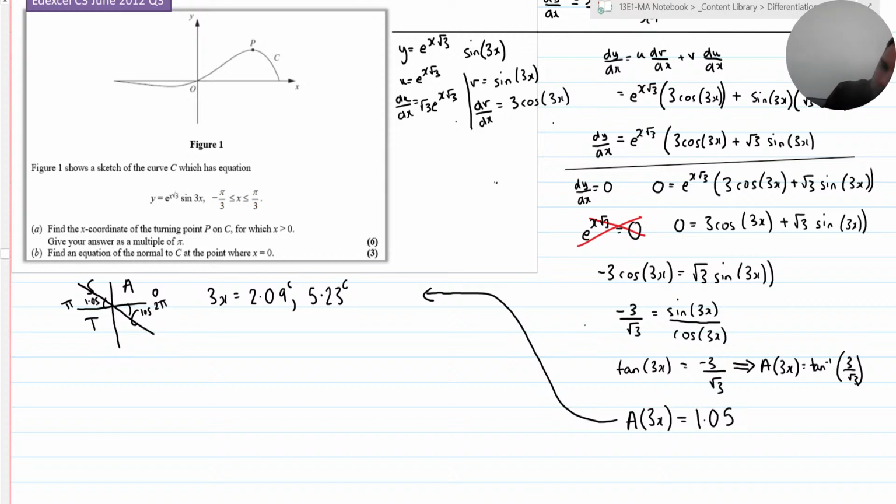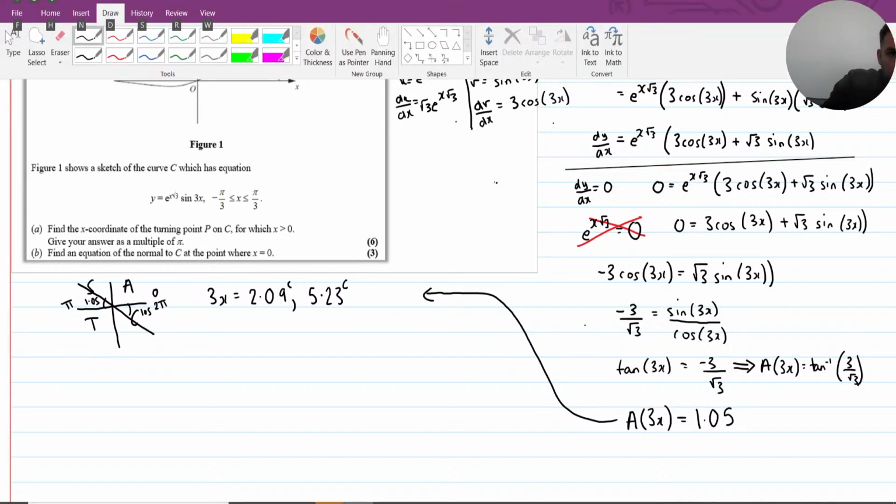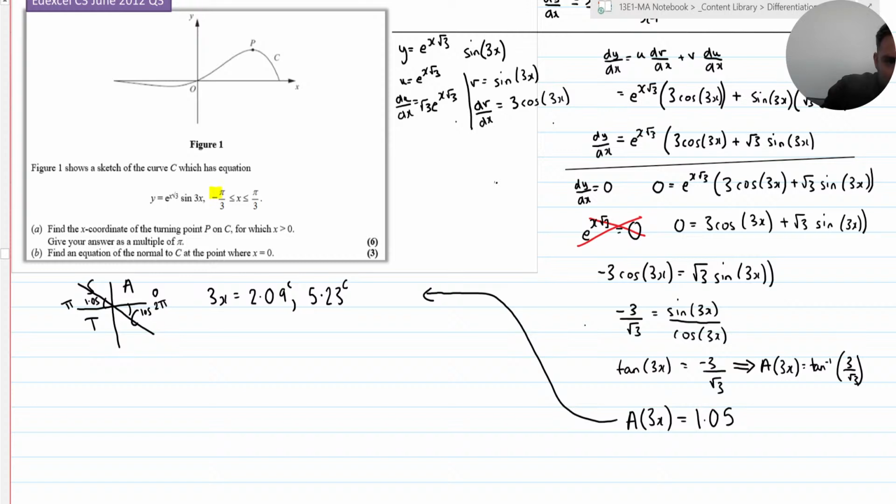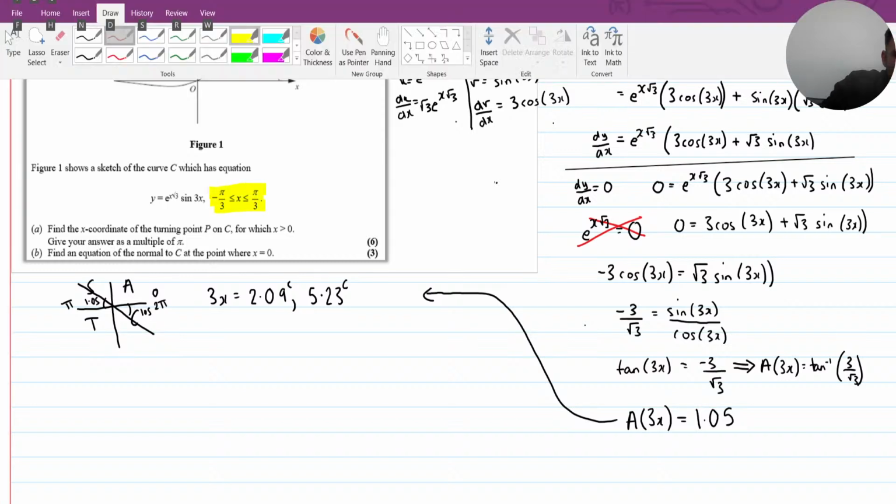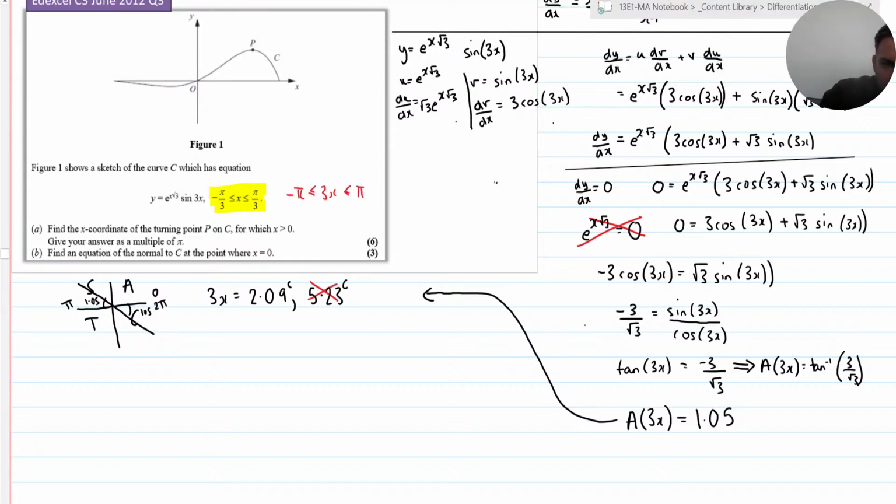So we've also got to be careful with the fact that this is the boundary here. If we want our boundary for this, we're going to have to times this by 3x, which is going to give us minus pi is less than or equal to 3x is less than or equal to pi.